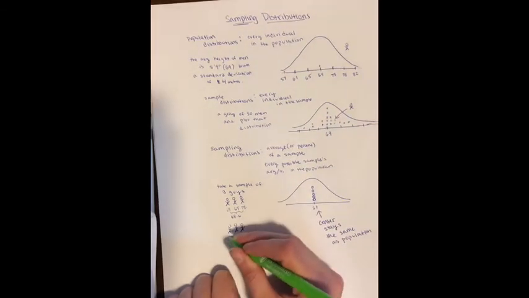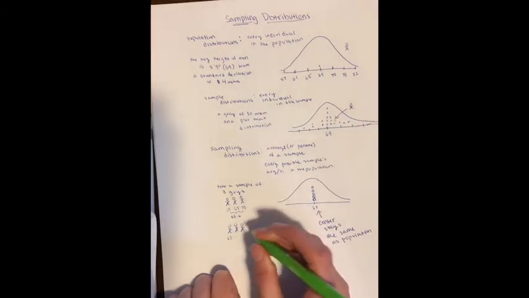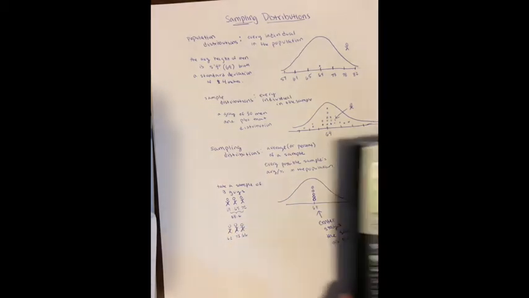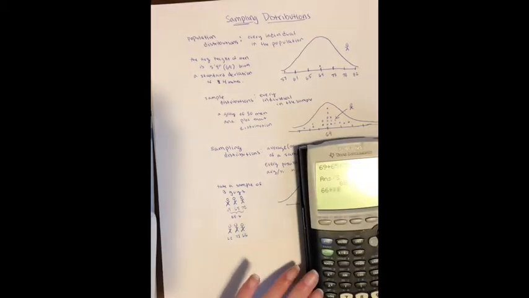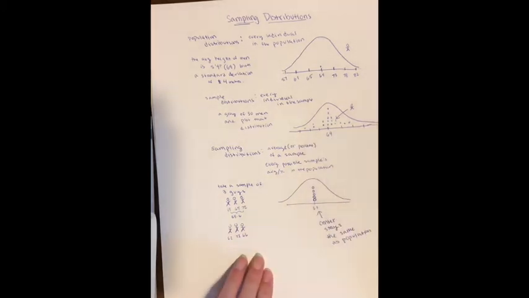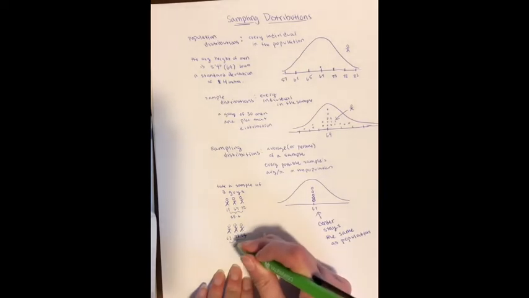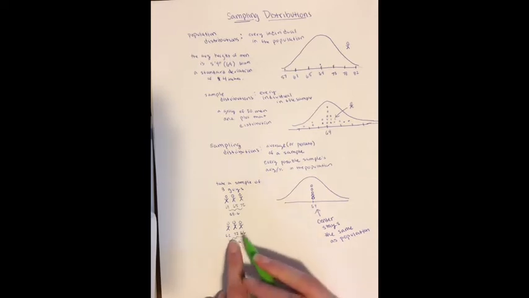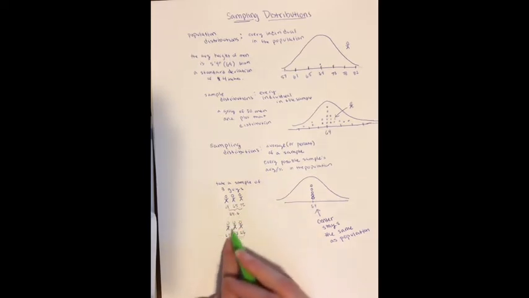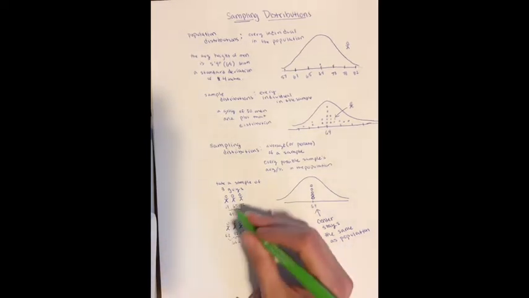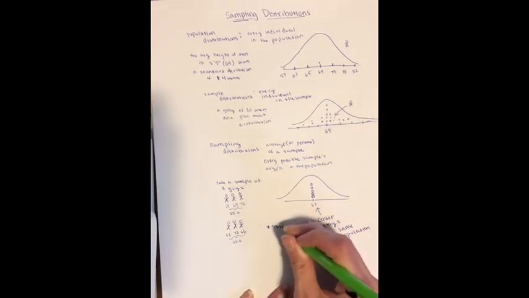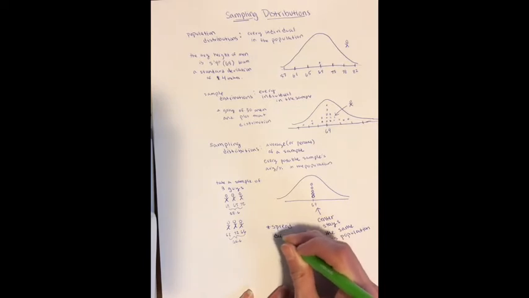So like maybe 62 and 72 and 66. This is 66.6. The difference in the averages is only 2 inches, whereas when we look at the individuals, the difference is much larger. So the spread of averages is going to be a lot smaller. So the spread decreases.